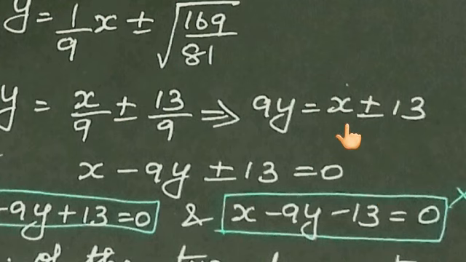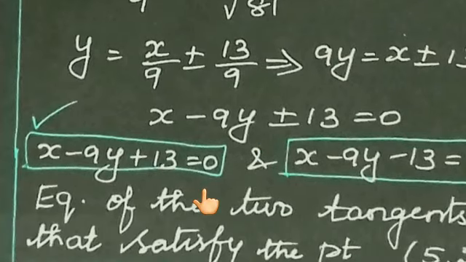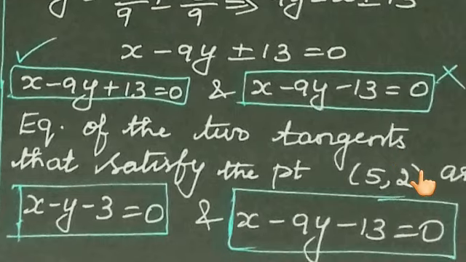Bring this 9y to the right hand side. So we have x minus 9y plus or minus 13 is equal to 0. So there is a plus or minus. Let us split it into two equations. x minus 9y plus 13 is equal to 0, and another equation is x minus 9y minus 13 is equal to 0.